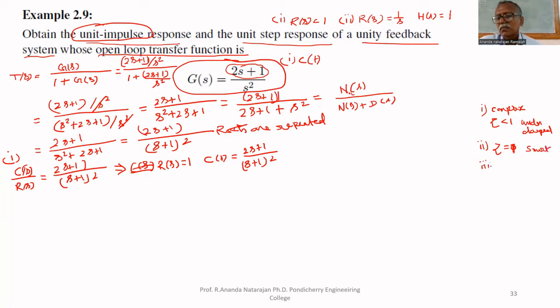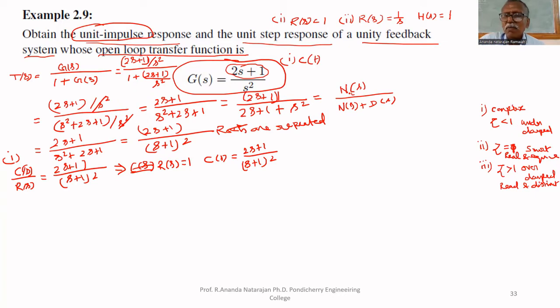Third case, zeta greater than 1 means overdamped. In that case, roots will be real and distinct. Zeta equal to 1 means roots are real and equal.